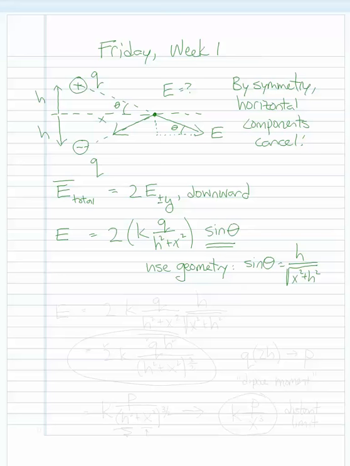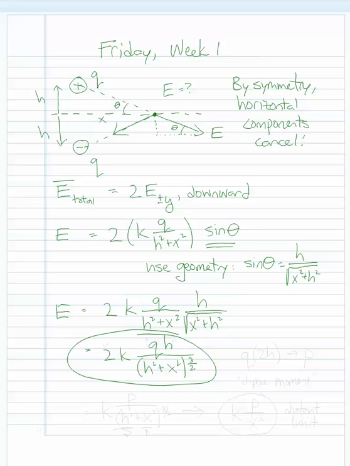And so I'm left with that the electric field is 2kq all over h squared plus x squared, and sine theta is h all over the square root of x squared plus h squared. Oh, I should have put those two together. Okay, and that's the answer.